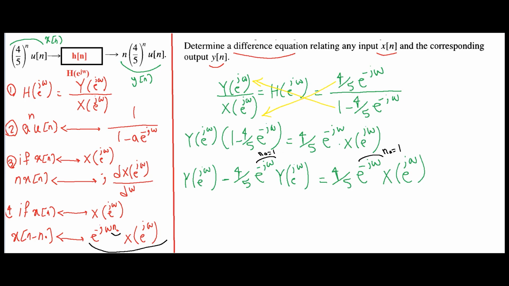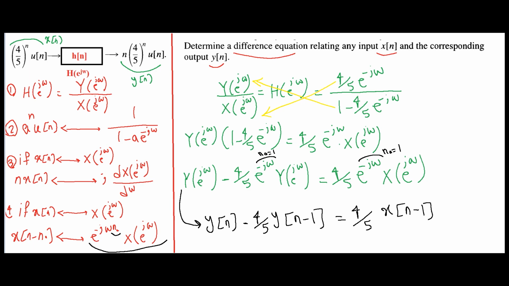As a result, the inverse transform of Y(e^{j omega}) is y[n]. The inverse transform of e to the power minus j omega times Y(e^{j omega}) is y[n minus 1]. And similarly, the inverse transform on the input side gives x[n minus 1].